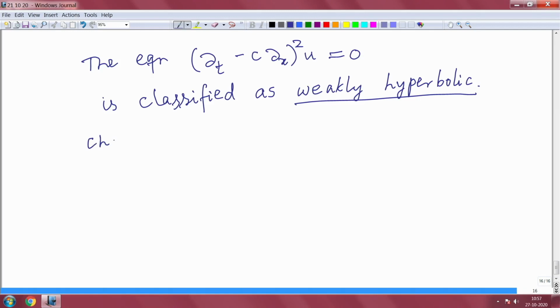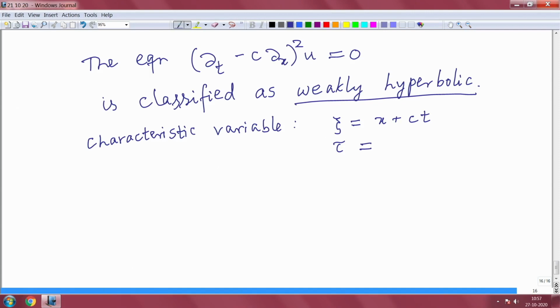There is only one characteristic, xi equal to x plus c t, and now we choose another variable so that the change of variables is again non singular.